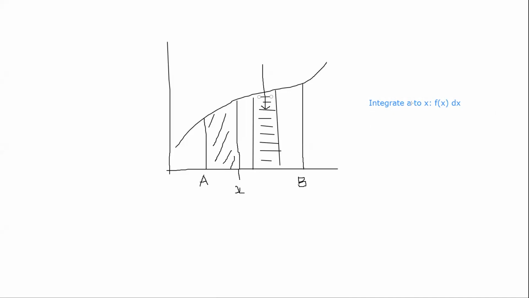We would integrate from x to y. So if the function is continuous and integrable within this boundary A to B, we can find out the Riemann sum for any subinterval within this area. And this is simply what I've written over here. We simply take the definite integral over that subinterval.